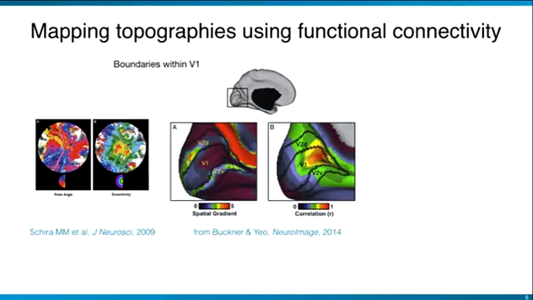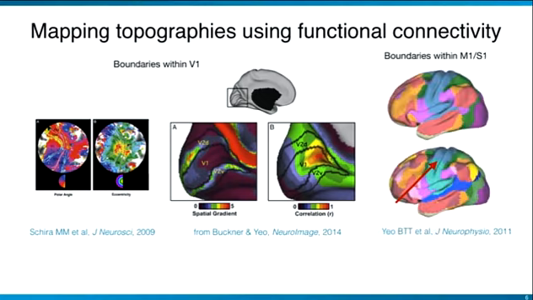So one of the aspects we can take into account when using functional connectivity as a way of mapping topographies is that the global patterns we're able to use for feature extraction are going to be more sensitive to these topographic maps that are related to the environment. And that's what I'll be focusing on in the next methods that are presented.